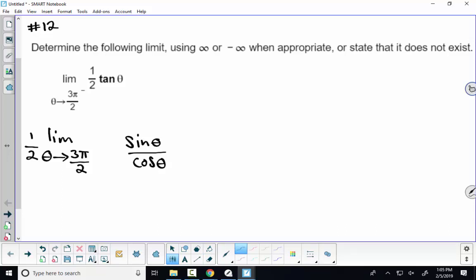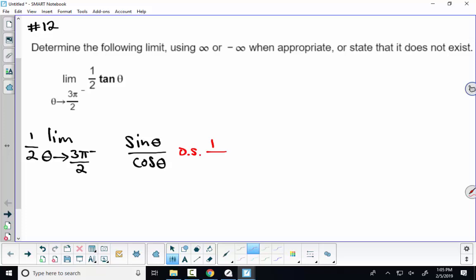Oh, sorry, this is 3 pi over 2 from the left. So hopefully you have an idea of the graph of sine and cosine, because we're going to answer these questions. As theta approaches 3 pi over 2, what does the numerator approach? Here's our direct substitution into that limit. Is sine of 3 pi over 2 negative 1?